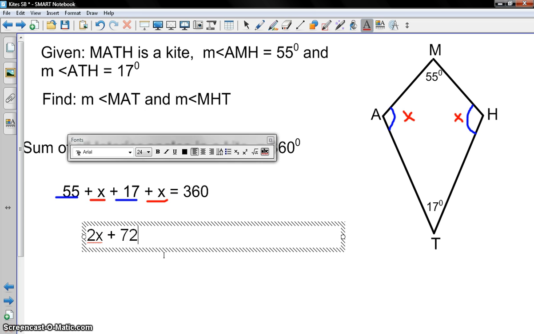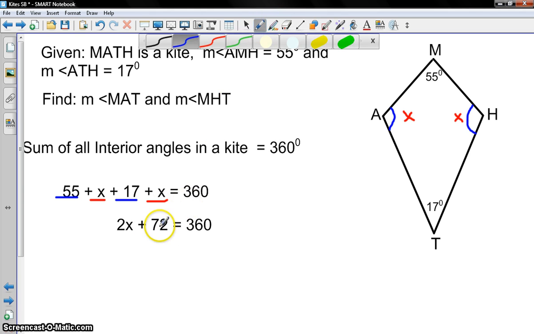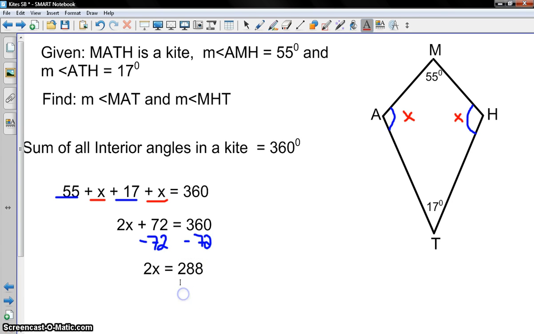So I'm going to write 2x plus 72 has to equal 360. Just like in a regular equation, I have to get rid of the 72, so I'm going to subtract 72 on both sides. Okay, now what that's going to do is give me 2x equals 288.